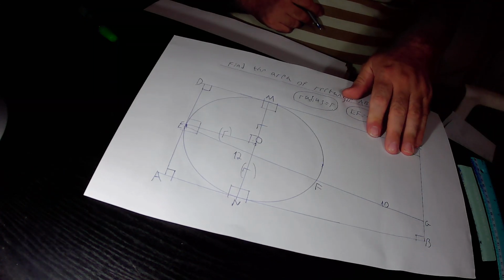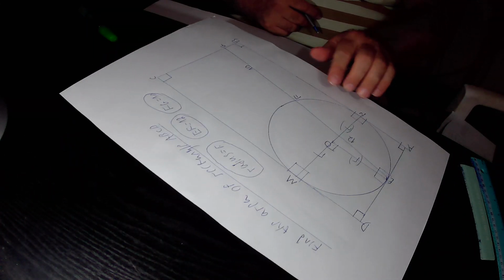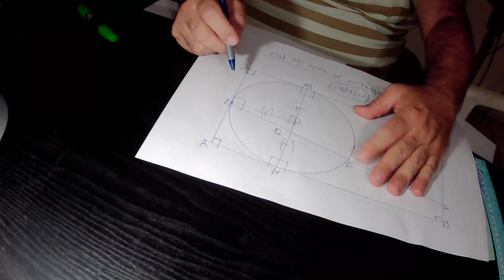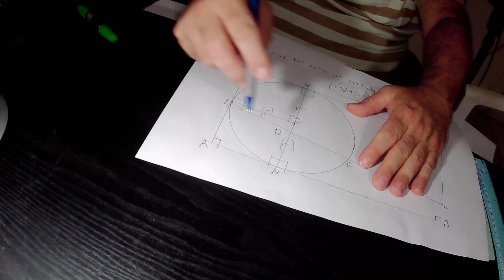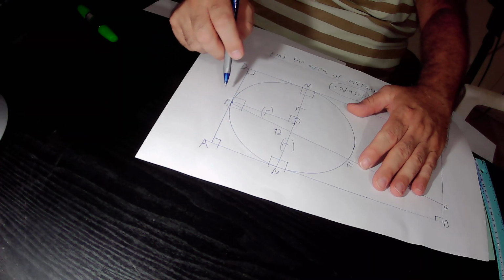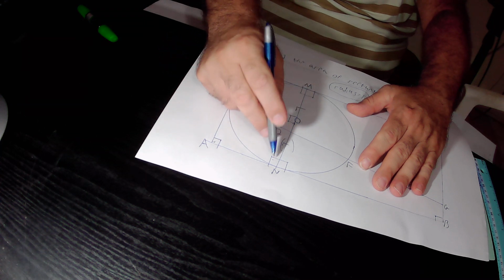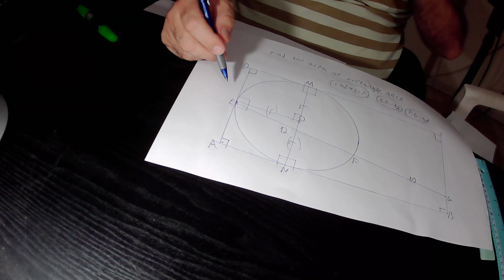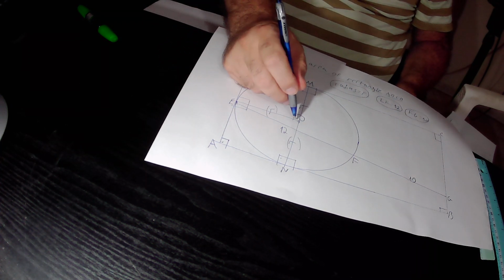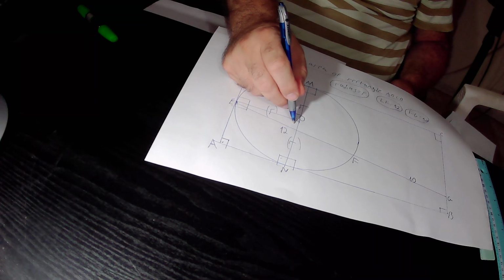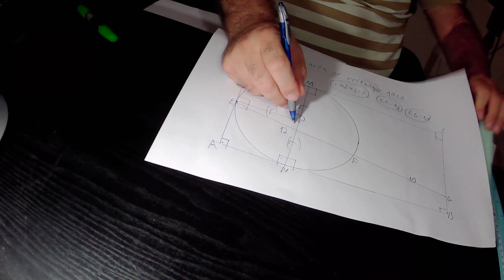So actually we have here the small quadrilateral EONA. Inside this small quadrilateral EONA we have 1, 2, 3 right angles. The sum of 3 right angles is 270 degrees. So 270 degrees plus the size of this fourth angle, in total must equal 360 degrees.